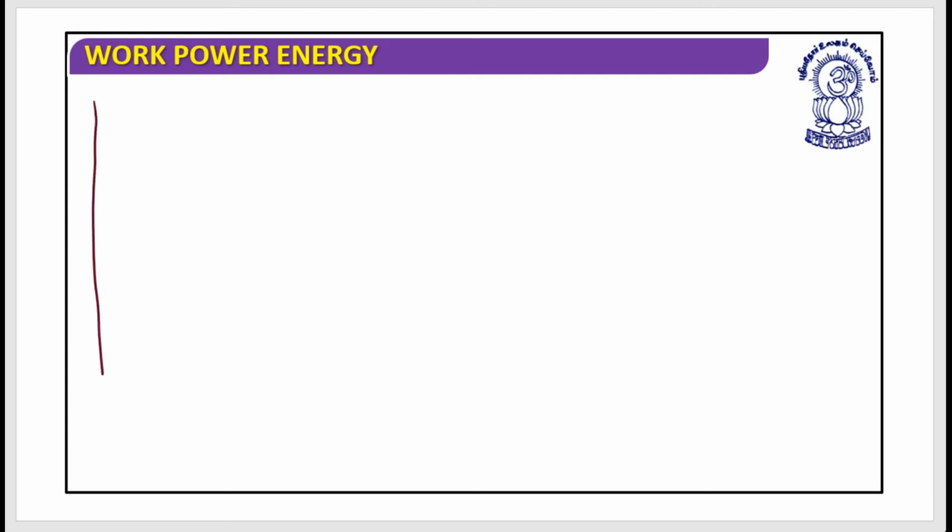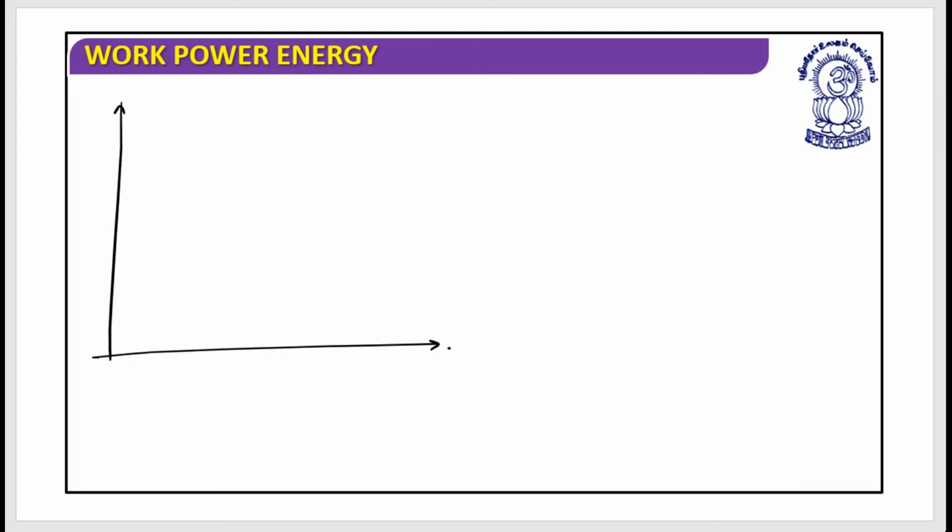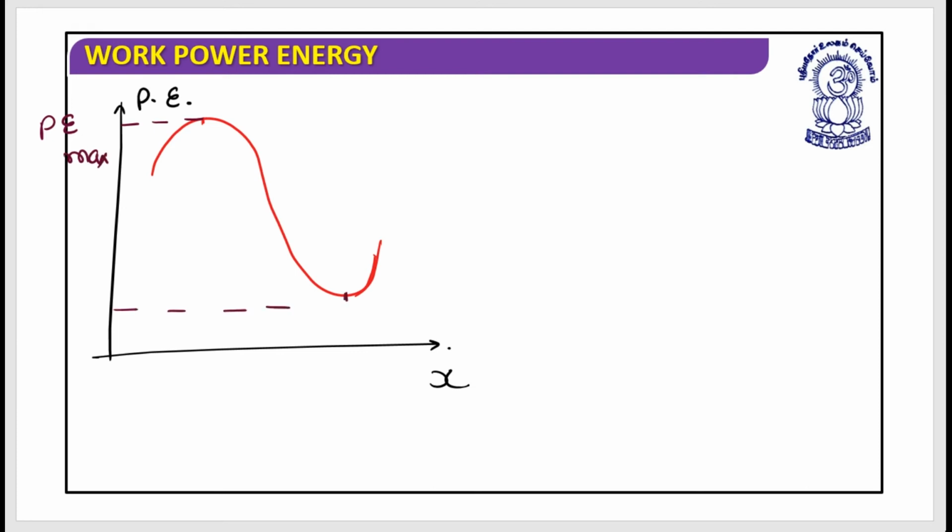This was our situation: this is potential energy, this is position, and this was our graph. This is the location where PE is maximum, and this is the location where PE is minimum.